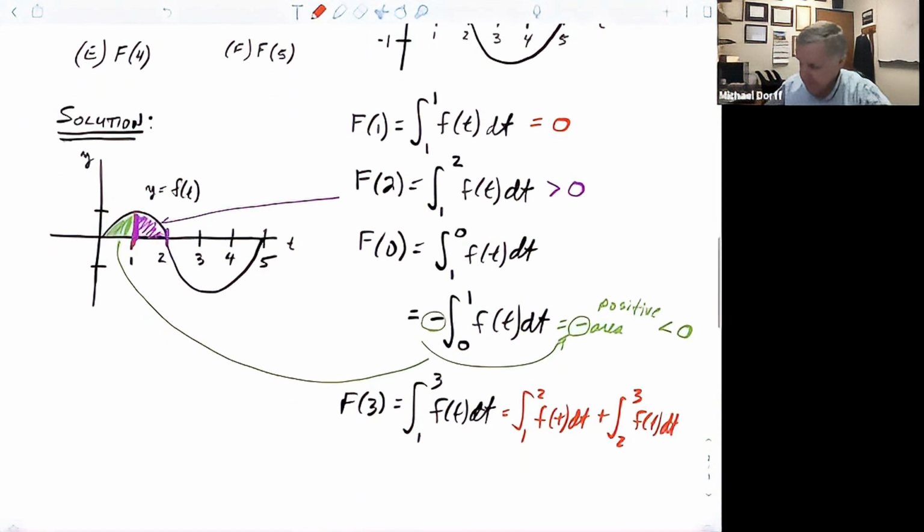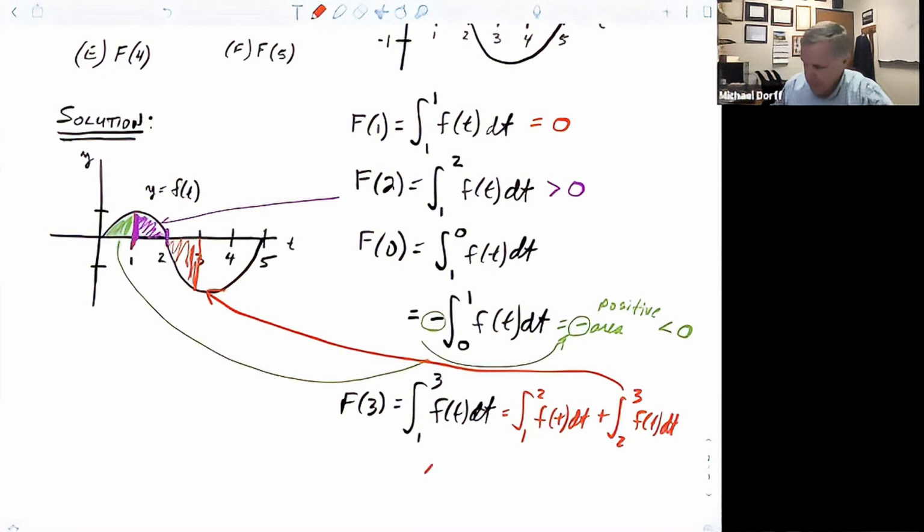Well, if I look at these areas, there's the area from 2 to 3. It looks like it's a larger area than the purple area from 1 to 2. But the red area from 2 to 3 is below the x-axis. So that's a larger area that we're subtracting from a smaller positive area that's purple.